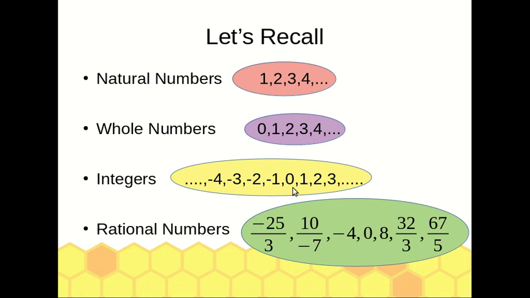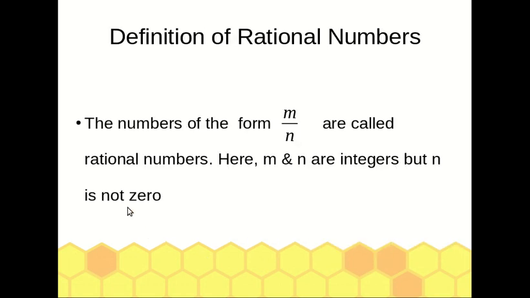Now we know about all these types, but we are going to see rational numbers. So what are rational numbers? The definition is that numbers of the form m upon n are called rational numbers, meaning numbers in the form of numerator over denominator.